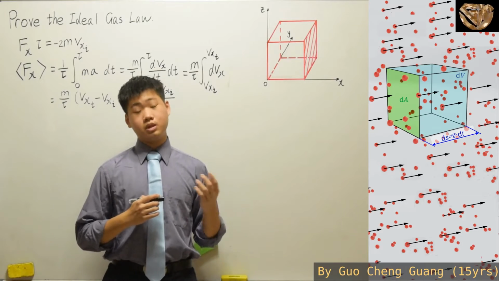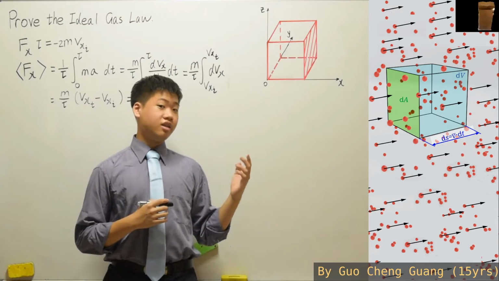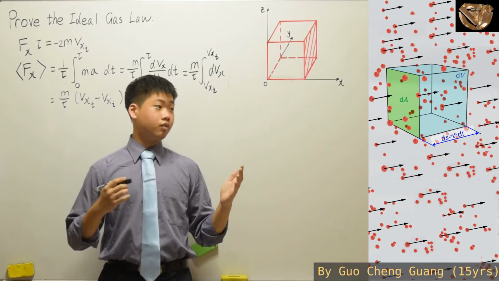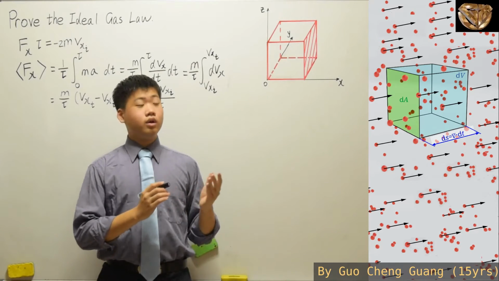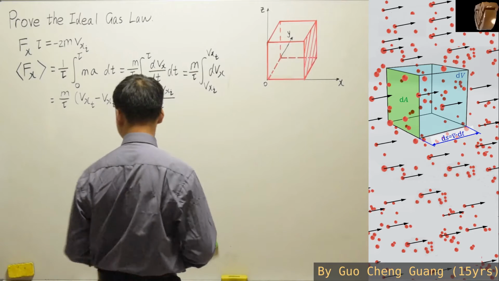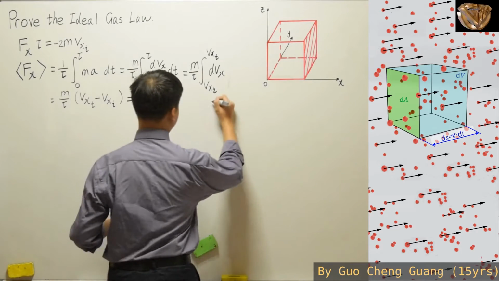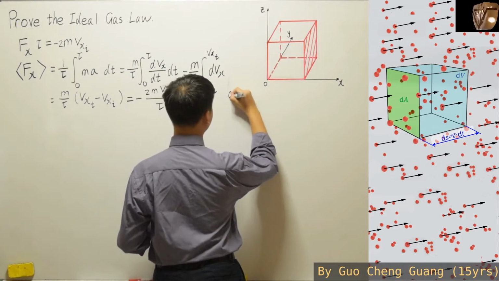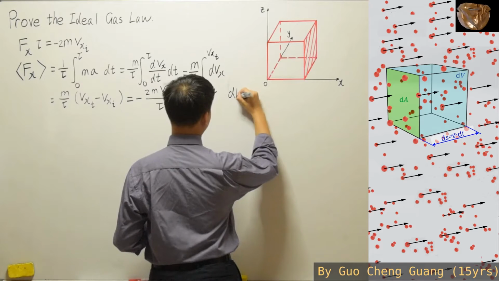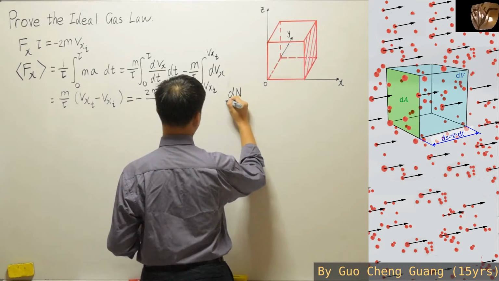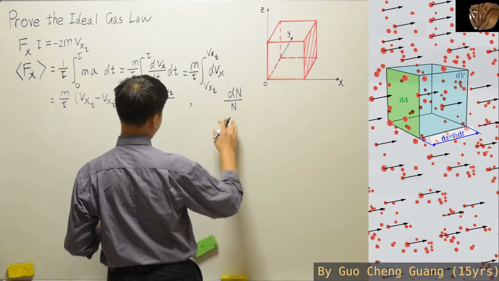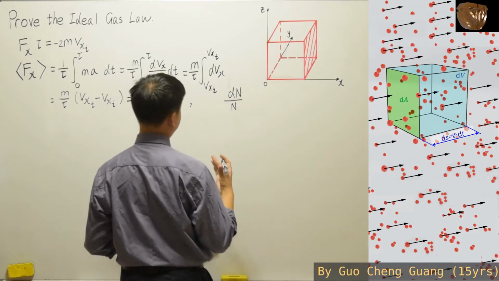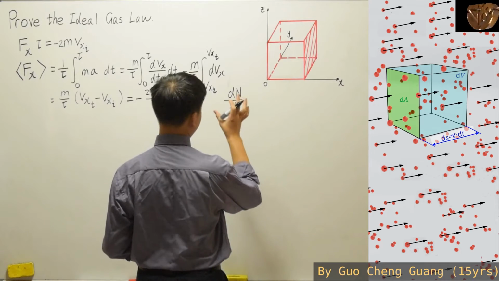Now what would be so special about that specific range of place? So you would need dN over N, where this capital N below would be your total number of particles within, alright?